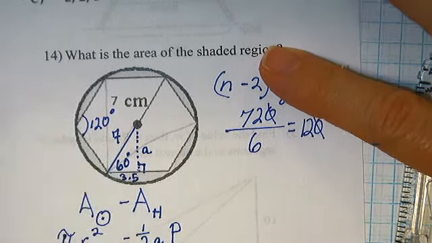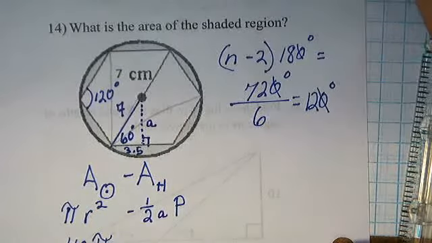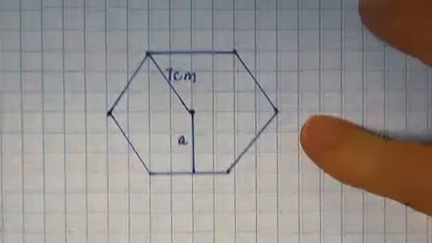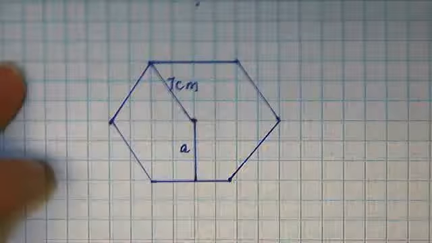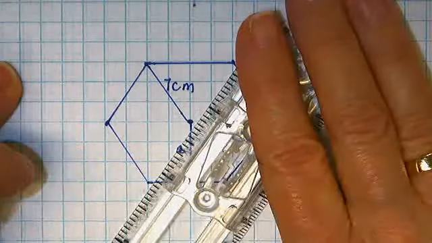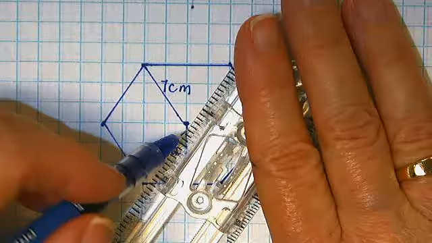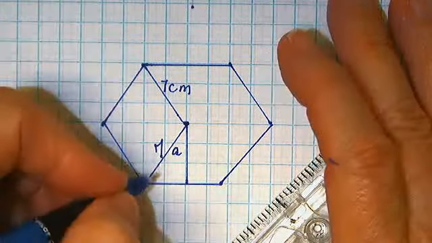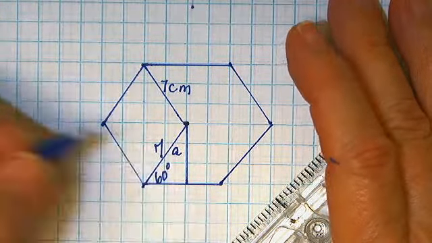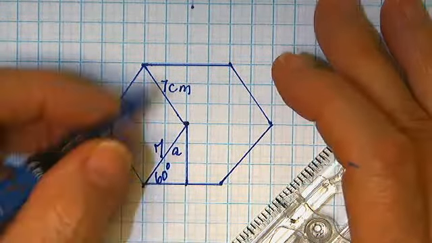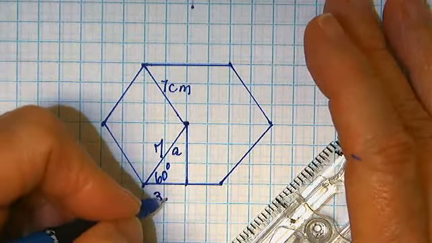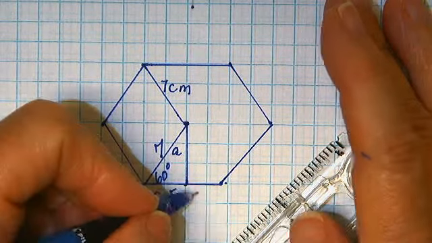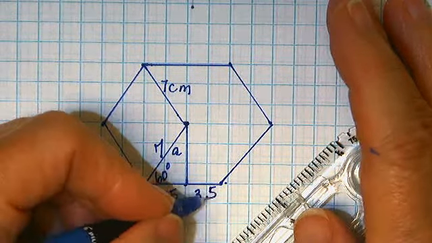So let's look at this scaled up just a bit. This is 7. This is 60 degrees. This piece is 3.5. This piece is 3.5.